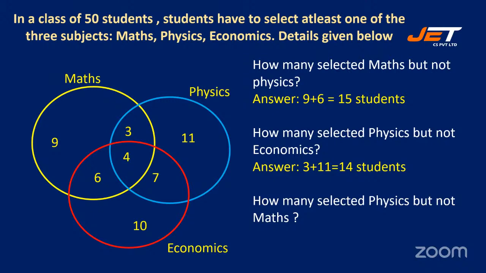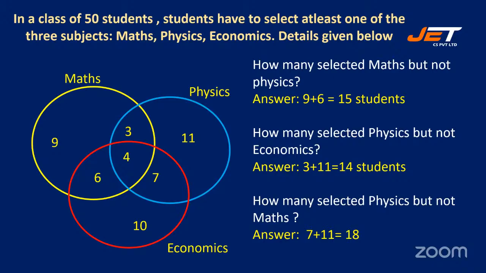Yes, your time is running, students. All right, let's see the answer. How many have selected physics but not maths? So you will take 11 plus 7, which is 18.